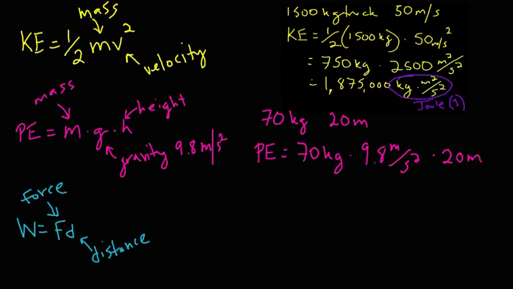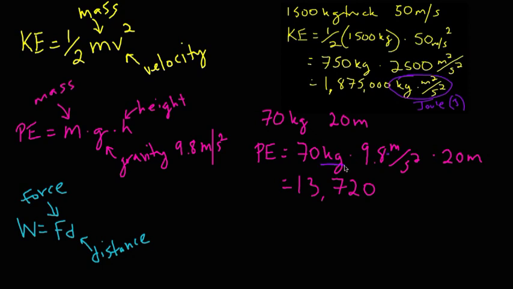Again, what do we need to do? We just need to do some math. And so we can go from left to right. We can do 70 times 9.8, gives us 686, times 20, that's 13,720. And notice, what do we have for the units? And I'm going to change back to this purple here so we see this whole unit change.